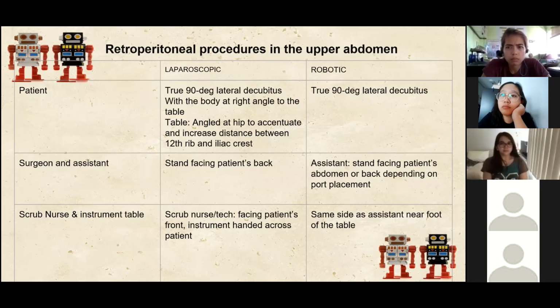And the surgeon and assistant stand facing the patient's back, and the scrub nurse and instrument tables are facing the patient's front, and the instruments are handed across the patient. For your robotic, also in true 90-degree lateral decubitus, the assistant should stand facing the patient's abdomen or back depending on the port placement, and the scrub nurse and instrument table should be on the same side as the assistant near the foot of the table. Next, please.